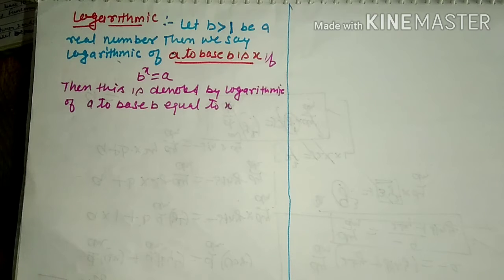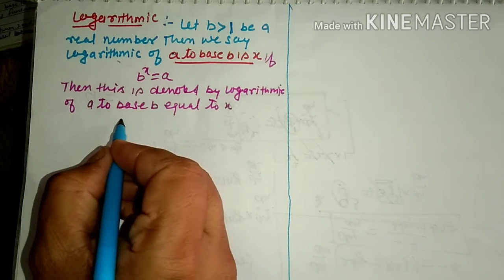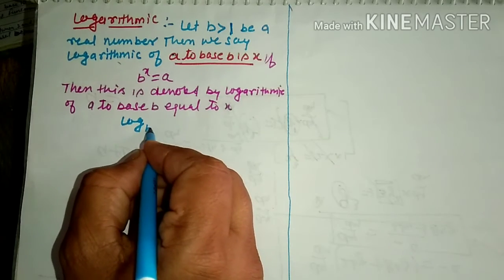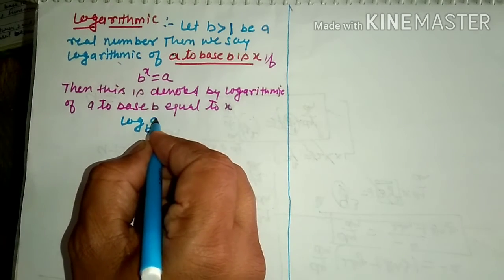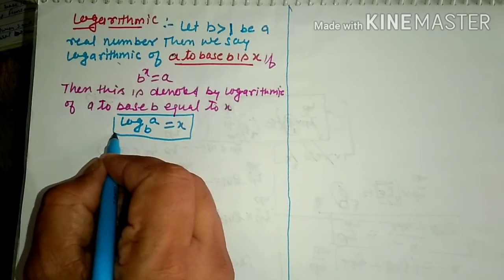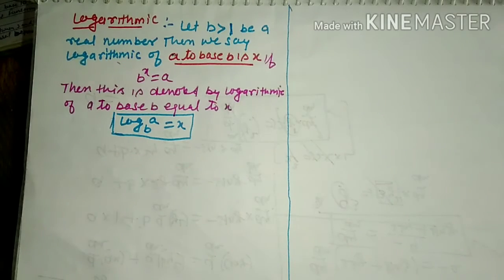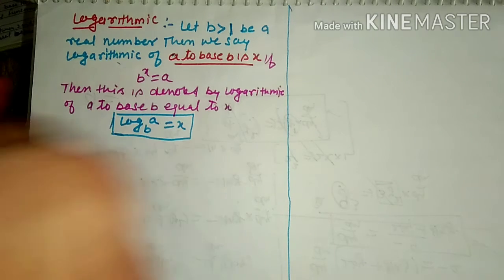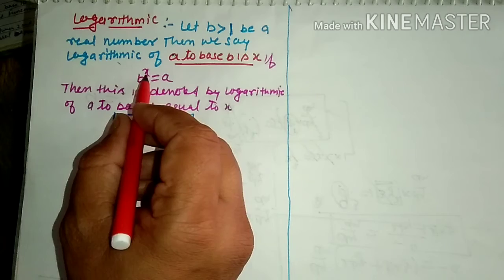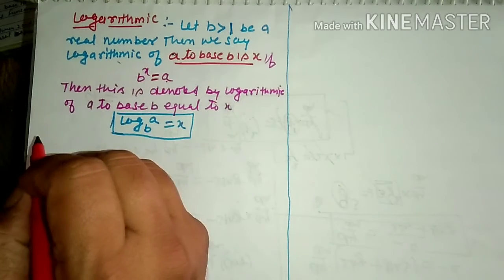How we write in the form of logarithm: log base b of a is equal to x. क्लियर? दोनों को ध्यान से समझ लेते हैं और दोनों को एक दूसरे के रेसिप्रोकल में. देखिए क्या कहना चाह रहे हैं. b to the power x is equal to a.